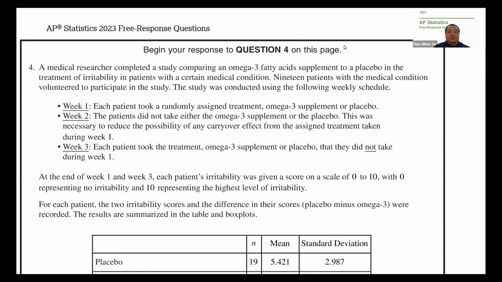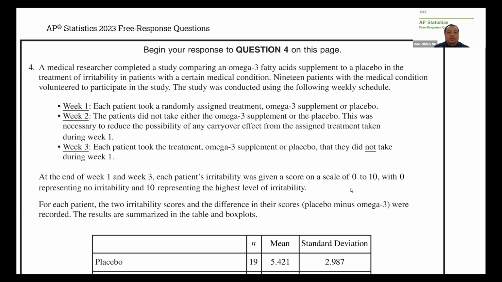A medical researcher completed a study comparing an omega-3 fatty acid supplement to a placebo in the treatment of irritability in patients with a certain medical condition. 19 patients with a medical condition volunteered to participate in the study. The study was conducted using the following weekly schedule. Week 1, each patient took a randomly assigned treatment, omega-3 supplement, or placebo.